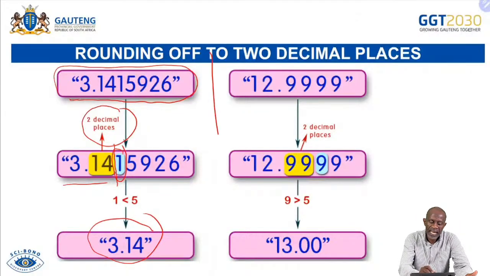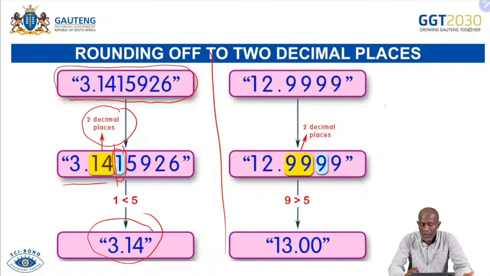Here is another example on my right hand side. It says 12 and 9999 after the comma, and the first 2 decimals are 99.